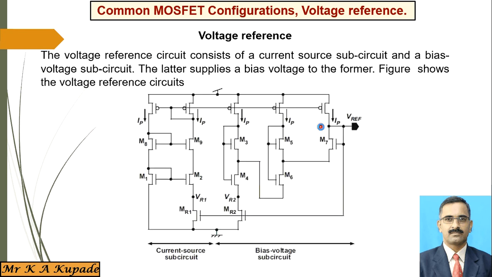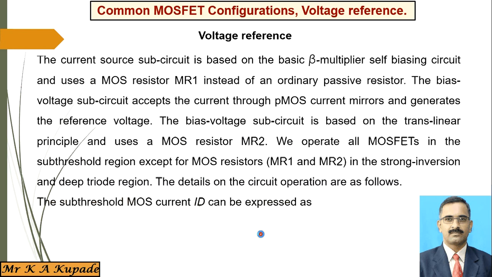See, here it also has the MR2 resistor in the bias voltage sub-circuit. It operates all MOSFETs in the sub-threshold region except for the MOS resistors MR1 and MR2. MR1 and MR2 act as resistors, and they are not working in the sub-threshold region, right?